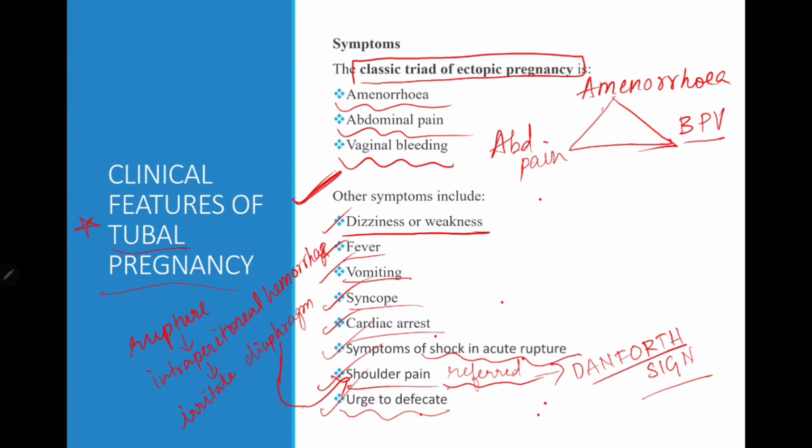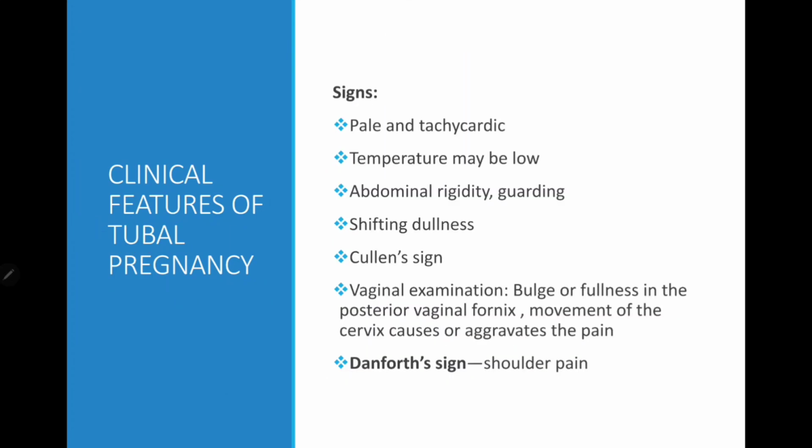So these are all the general symptoms that we saw in tubal pregnancy. But remember the classical triad. Now I am going to explain to you the signs. First sign is, because of rupture, there is going to be hypotension. Rupture leads to hypotension and tachycardia, so pulse rate will be increased.